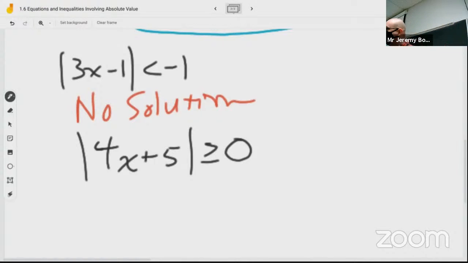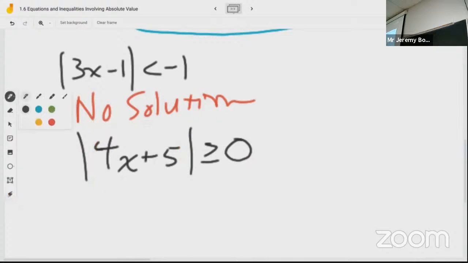When we take the absolute value of a number, it's either going to be 0 or greater than 0. So no matter what is in here, when I take the absolute value of it, it's going to be positive or 0. It's going to be non-negative is the term we like to use. So it's going to be greater than or equal to 0 no matter what is in there.